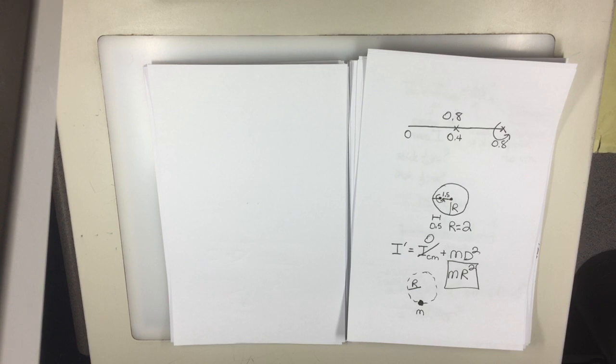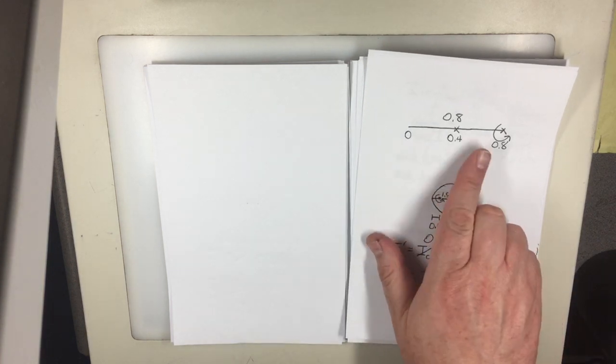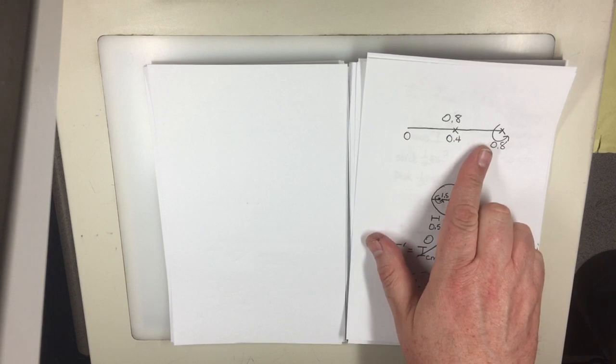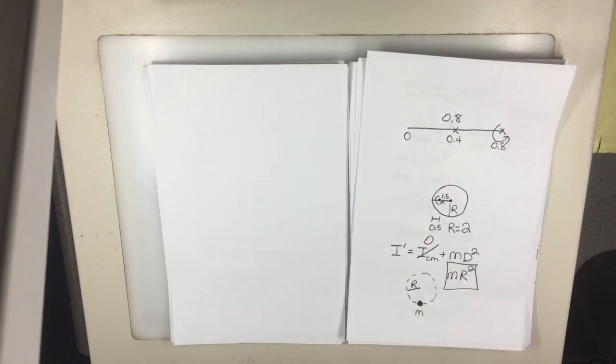And for the homework, I may keep it simple. What I'm thinking about for the parallel axis theorem is maybe not necessarily a problem, but more like give you that sketch and say, what is the value of D? Stuff like that, having you be able to identify it.